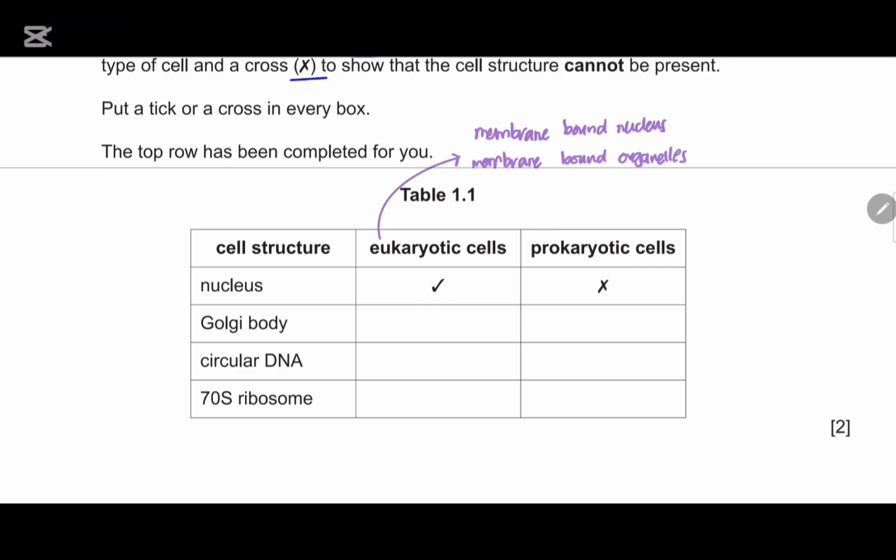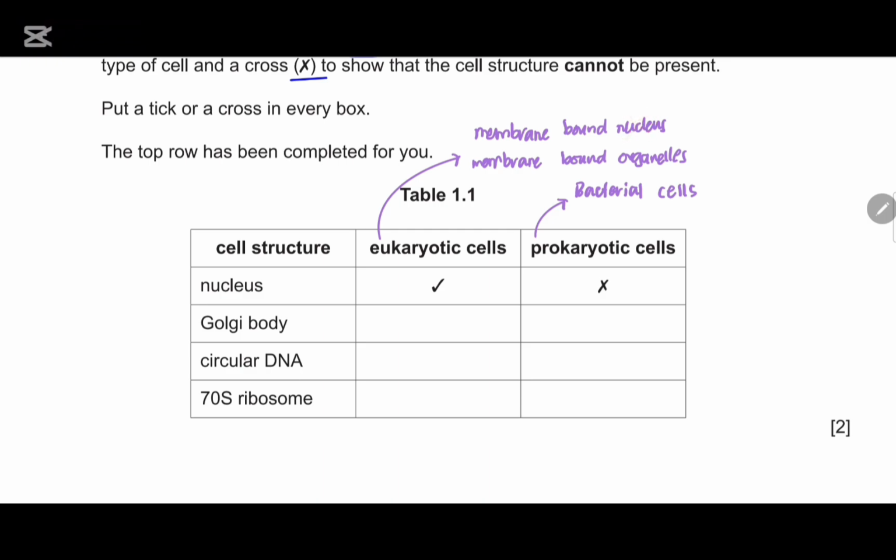So please take note. Why do we say membrane-bound? Because we know that these organelles have their own membranes. So nucleus, because what we learn in prokaryotic cells, the one that we have to learn for our syllabus, is we look at the structures of bacteria, specifically. Bacteria do not have a membrane-bound nucleus.